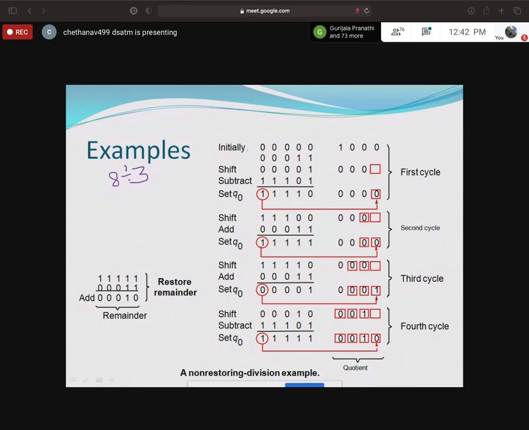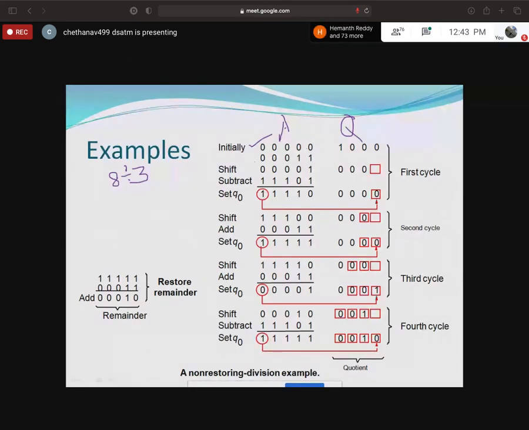So the same thing: I've written A as 00000. There is no change, a very simple problem, only a small change here in non restoring. This is your A and this is your Q. A is the register with data 0, and the dividend will be 8, so I've written 1000.